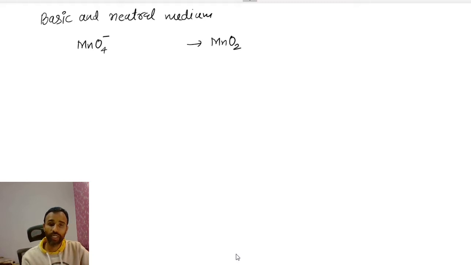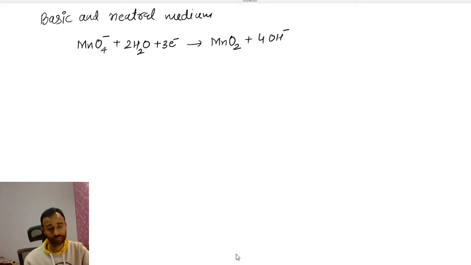Now in basic medium, how do we balance? Add H2O to the side with excess of oxygen. This side has excess of oxygen, so we add 2 H2O and double the number of OH negative ions to the opposite side. Now on the left side there is 1 negative, on the right side there is 4 negative, so we add 3 electrons. That's it, because manganese is already balanced.